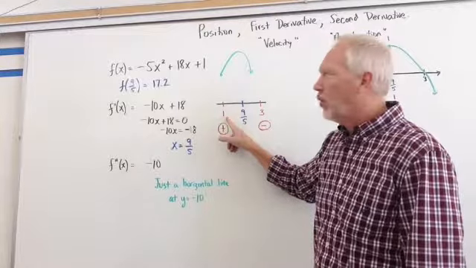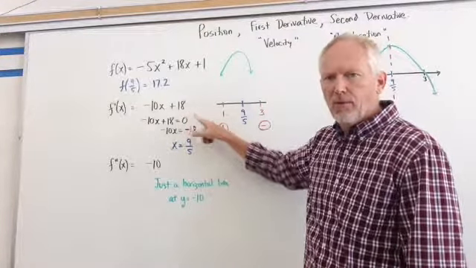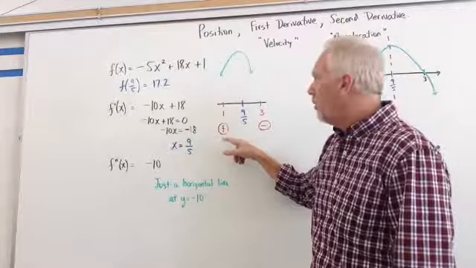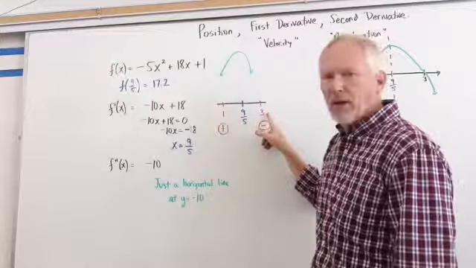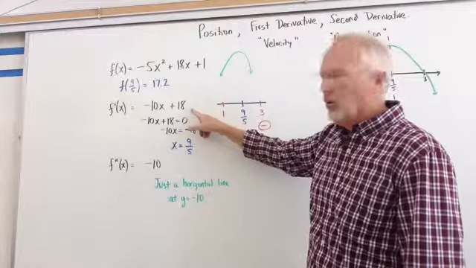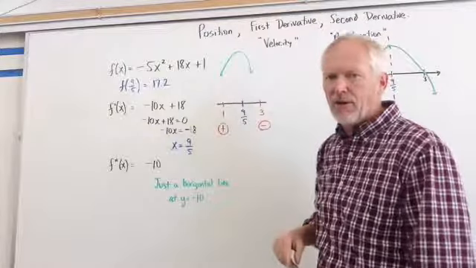If we put a 1 into our derivative, we end up with a positive slope, and that's what we see here. If we put in a 3, we get a negative slope, and that's exactly what we see on the other side of 9/5.